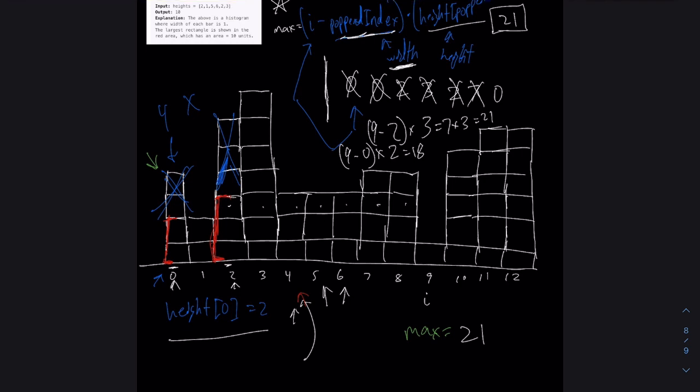Because we know that the most recently popped one has a height greater than this height right here, so it can actually extend all the way back. We know that all the heights we popped have a height greater, so now we are just using this. This is what we are using right here. And we don't know where it ends, but we'll see where it ends eventually.